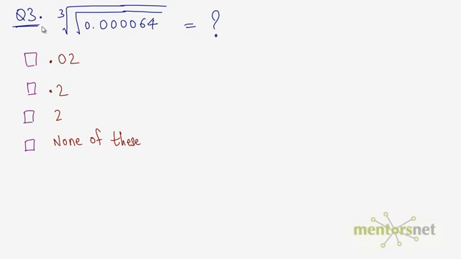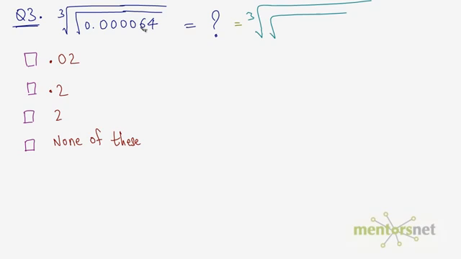Question number 3. This may seem a bit trickier. You have the cube root of the square root of 0.000064. So let us simplify the insides of the cube root as well as the under root. You have the cube root on the outside and the under root on the inside.